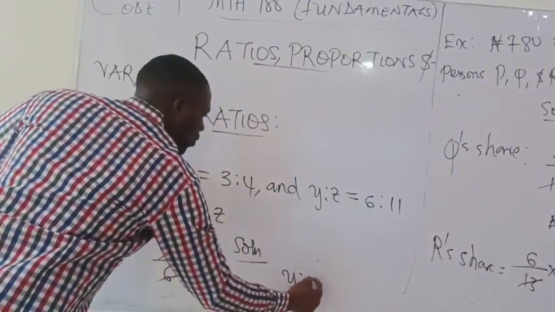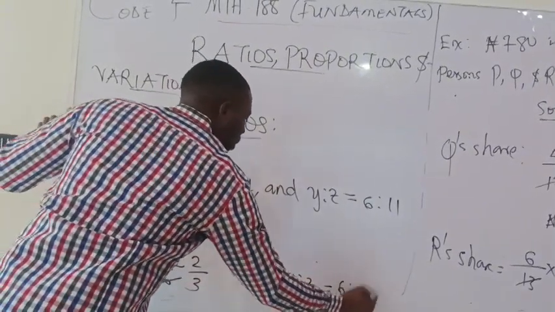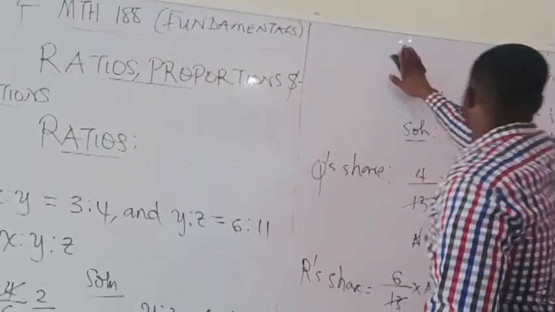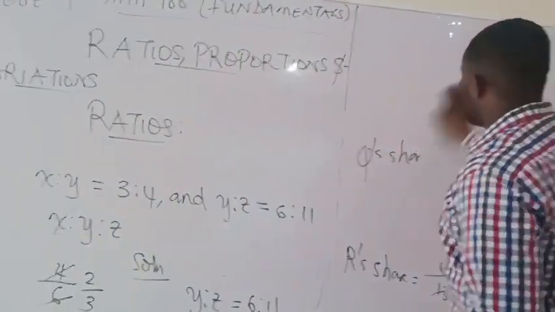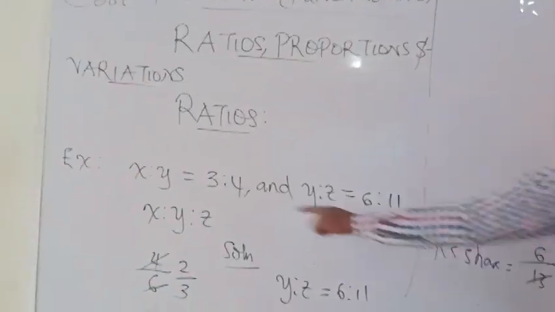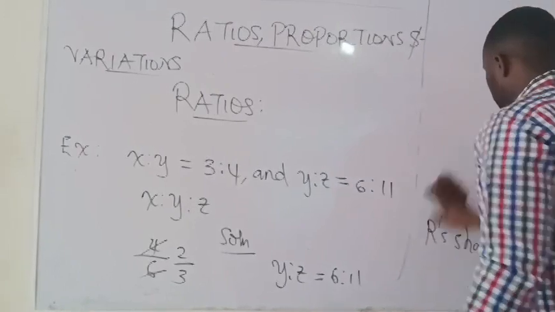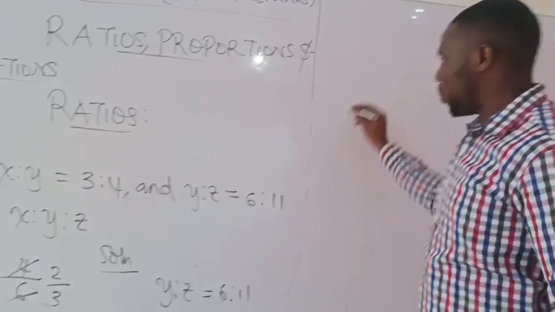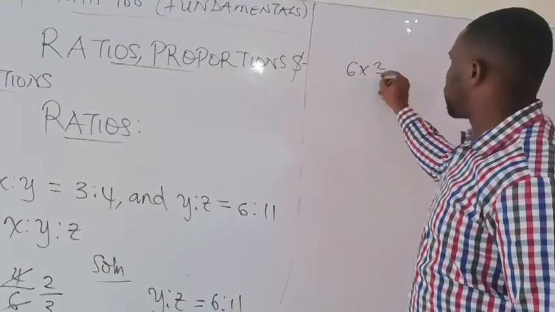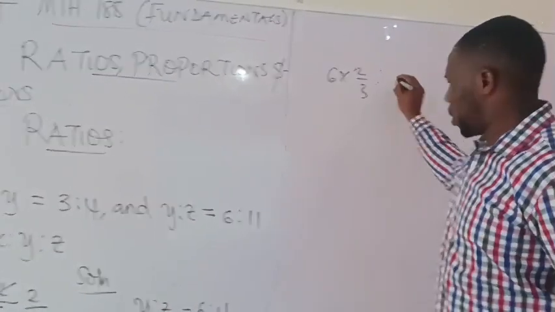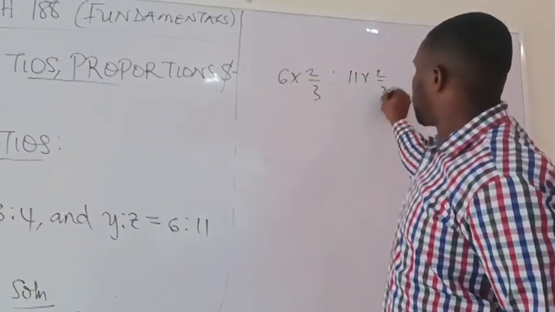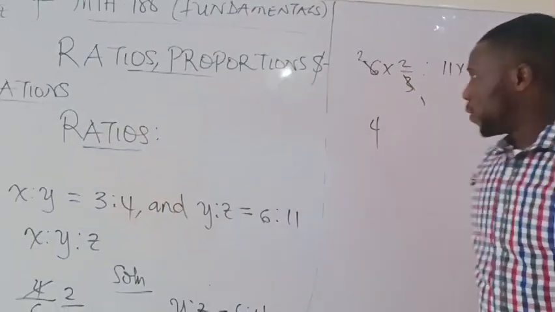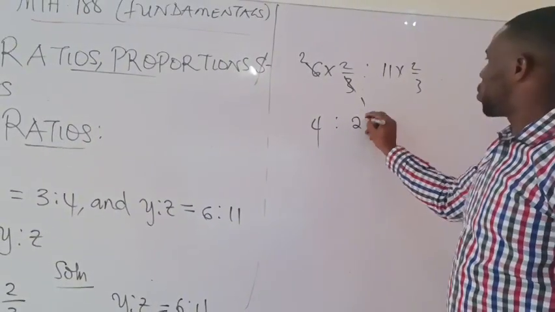So given the ratio y to z, which is 6 to 11, I will multiply 6 by 2/3, and of course I'll get a 4, just like the value of y in the first pair of ratio, and also multiply 11 by 2/3. 11 times 2 is 22/3.